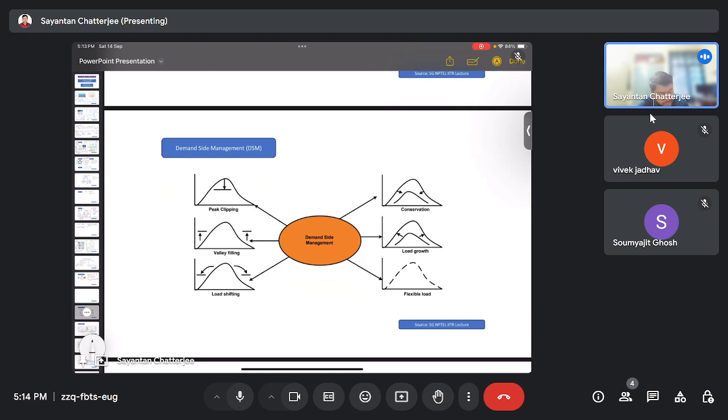Okay, so let's start the demand side management program. What is demand side management and what's the need of demand side management.